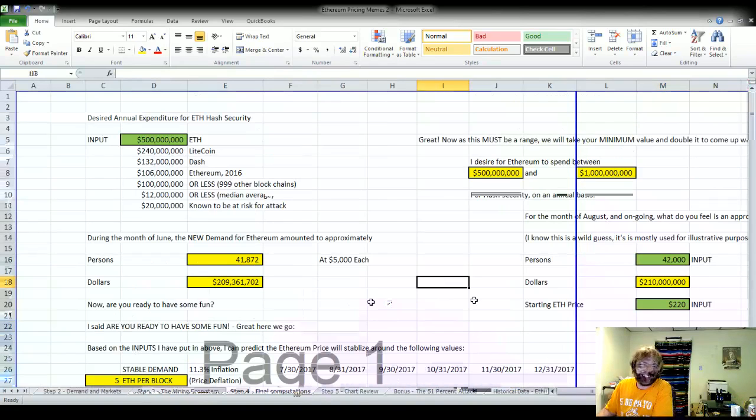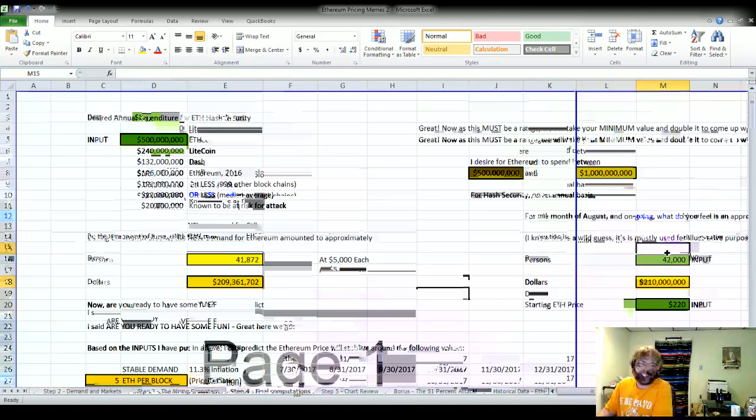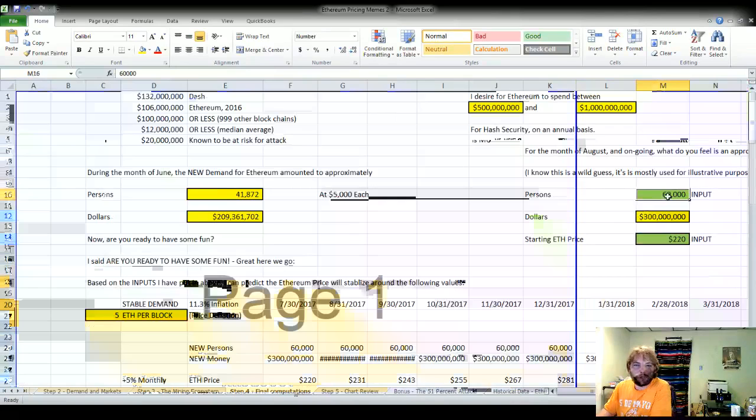So these are the charts that work. If you put in a stable level of demand, in this situation I'll just put $60,000, and say 60,000 people, so this is 50% more people than were interested in the most popular month of Ethereum.